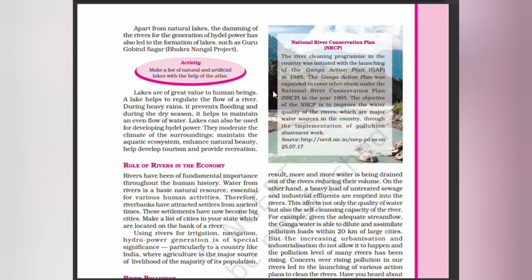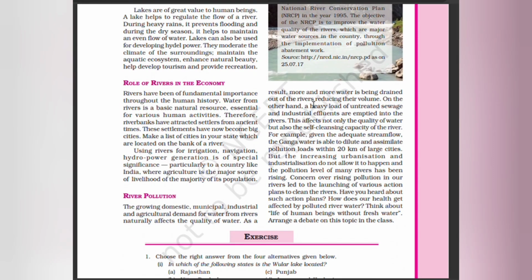The Ganga Action Plan was expanded to cover other rivers under the National River Conservation Plan (NRCP) in the year 1995. The objective of NRCP is to improve the water quality of the rivers, which are major water resources in the country, through the implementation of pollution abatement work.